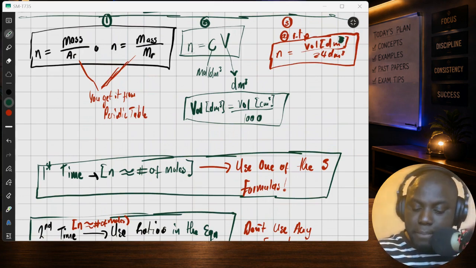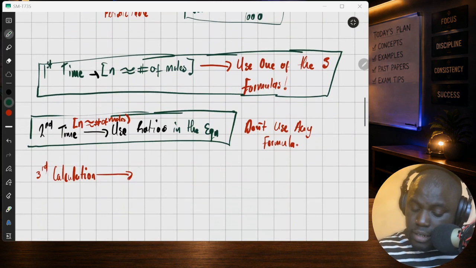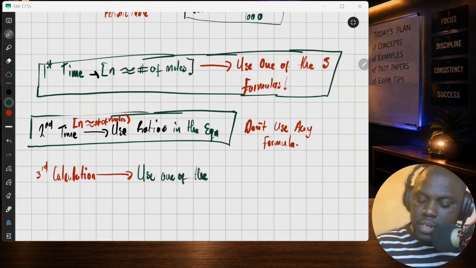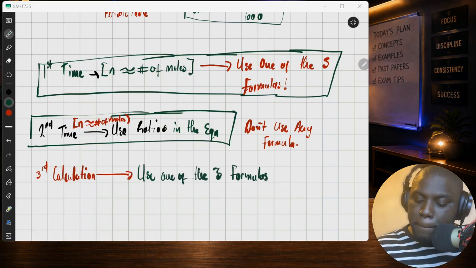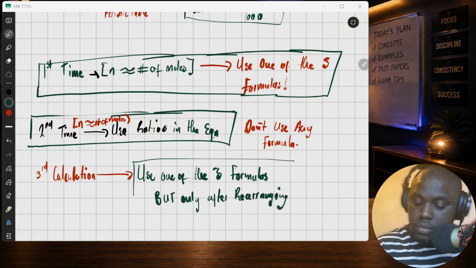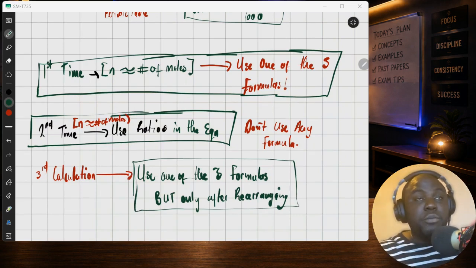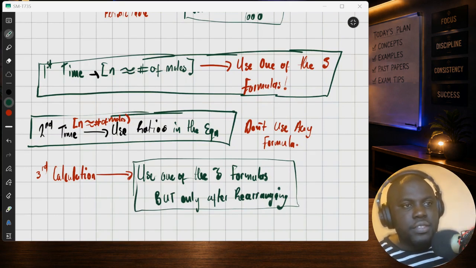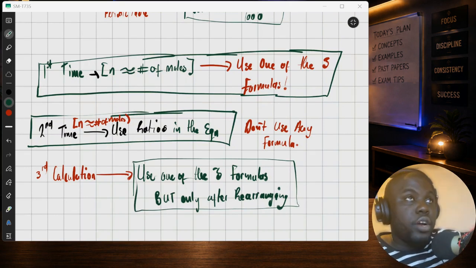So in the third step, you are again going to use one of the three formulas, but only after rearranging. The three formulas work in the first calculation and in the third calculation. This is not a negotiation. Please make sure you've heard me loud and clear.